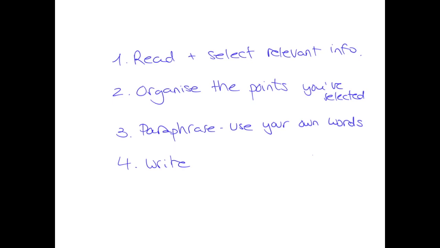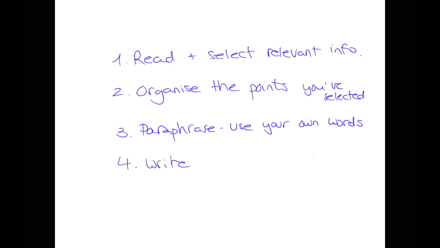But try not to copy exactly, literally from the text. Use your own words. And then with all these ideas in mind, write your text. Write your email or note or whatever you need to write.